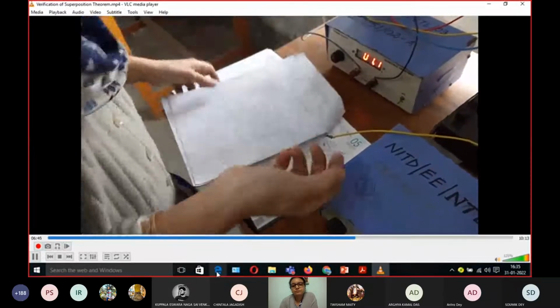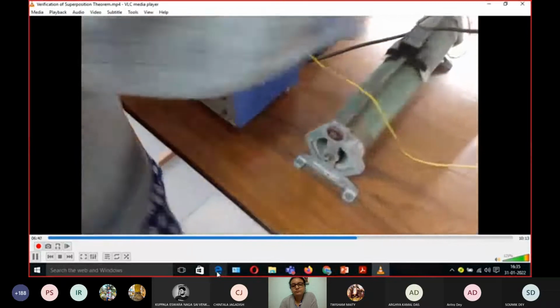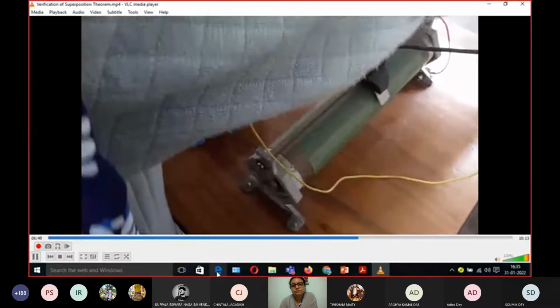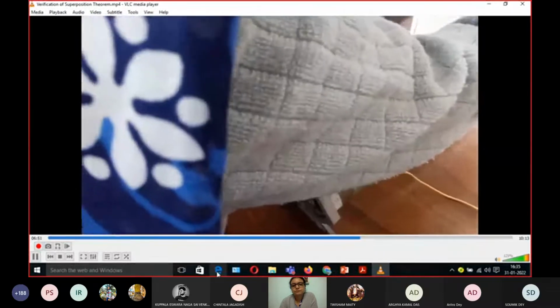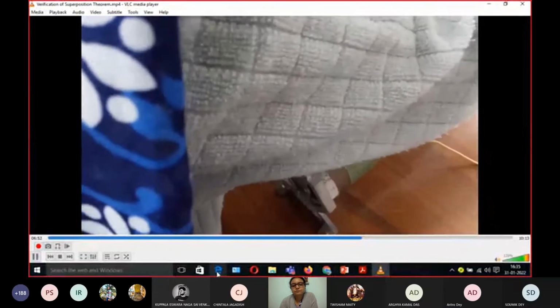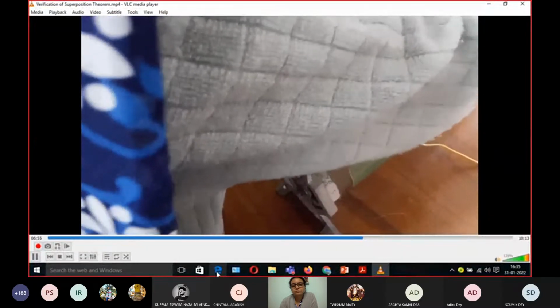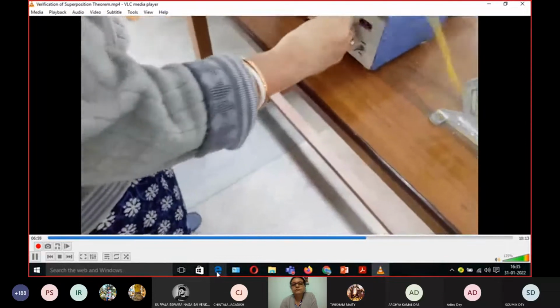Now let me redo the process. First, I'm connecting the V2 again in the circuit, in the network, and then I will remove V1 from the network.